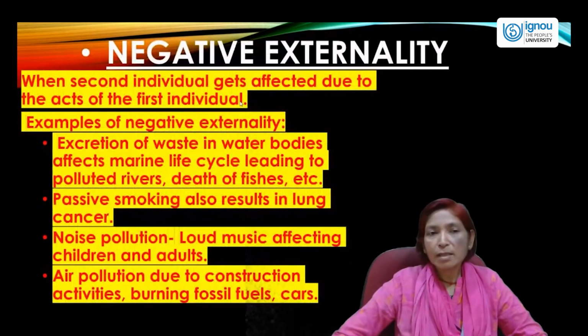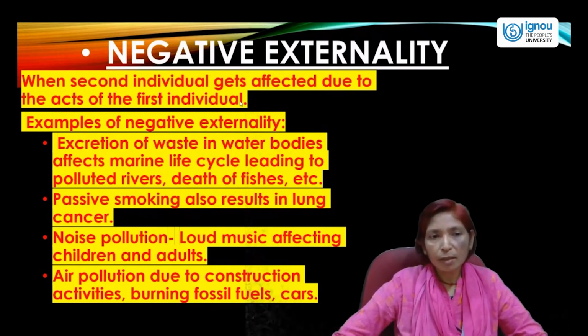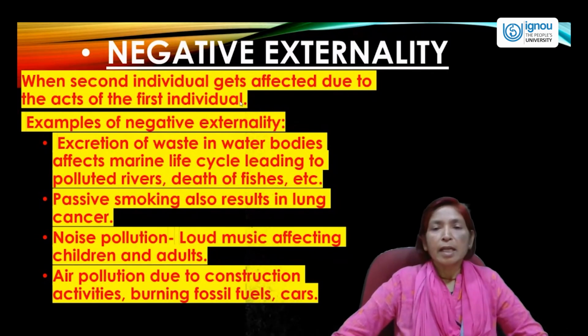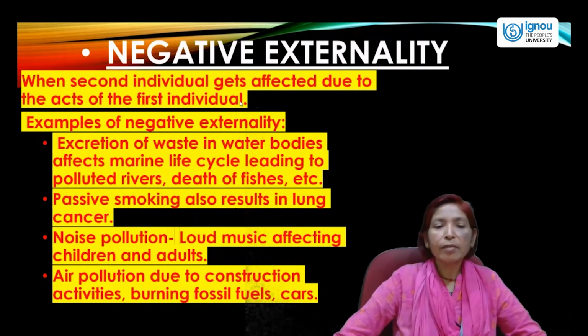Next is negative externality. How can we define negative externality? When a second individual gets affected due to the act of first individual. Examples of negative externality: a firm is producing goods and excretion of waste in water bodies affects the marine life cycle, leading to polluted rivers.